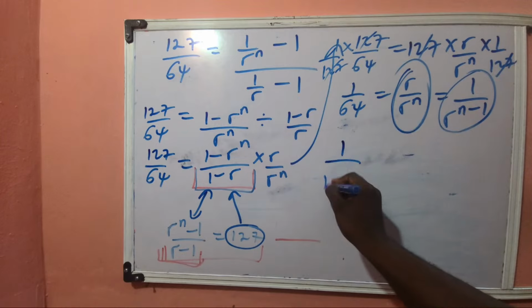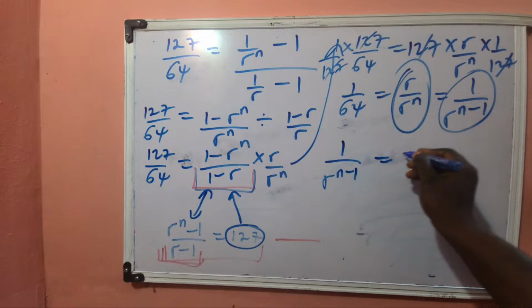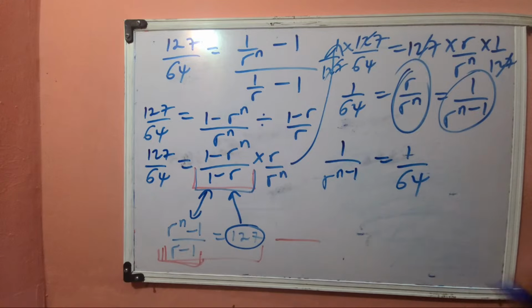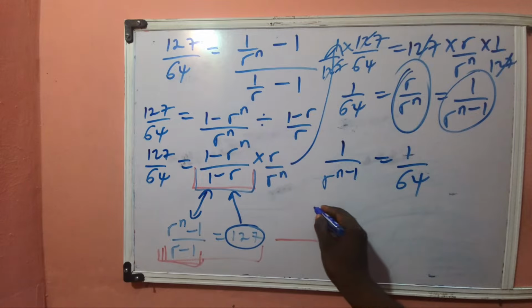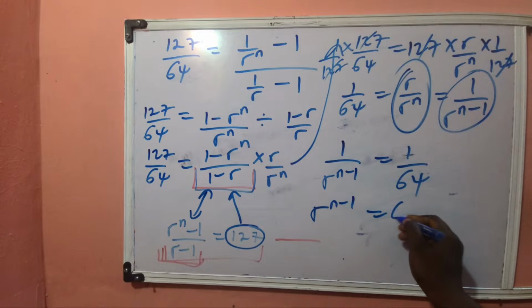So 1 over r raised to power n minus 1 equals 1 over 64. And I'm sure you guys can solve from here, because understanding the law of indices, I'm sure you know that this is the same thing as r raised to power n minus 1 equals 64.